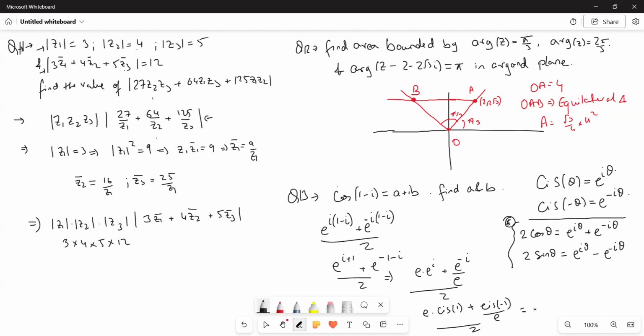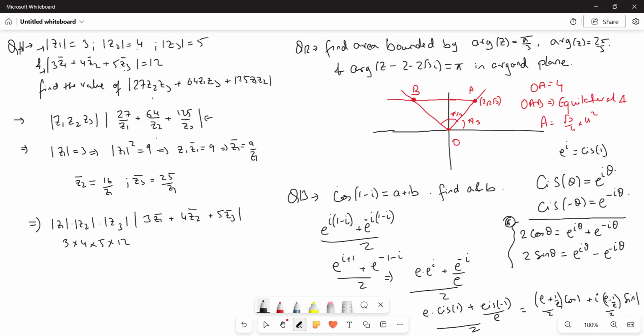Now what is the real part of this expression? The real part will be e plus 1 by e, whole divided by 2, into cos 1, and plus i times the imaginary part will be e minus 1 by e, whole divided by 2, into sin 1. Was everyone able to follow this? e power i becomes cis 1, e power i is basically cis 1.